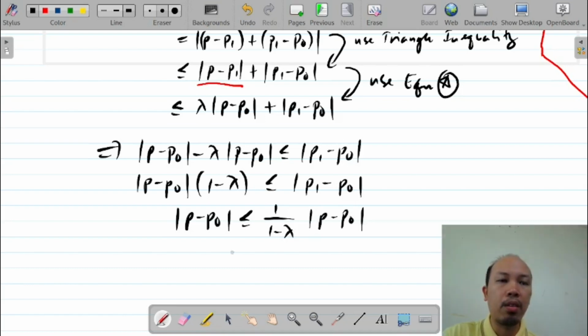We can remember that our lambda is between 0 and 1.